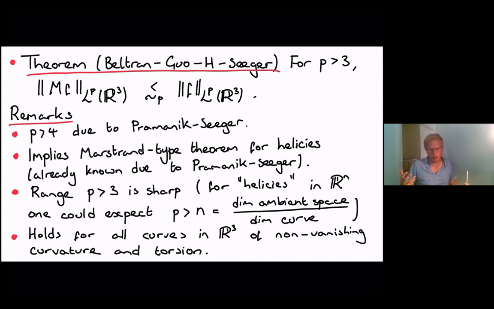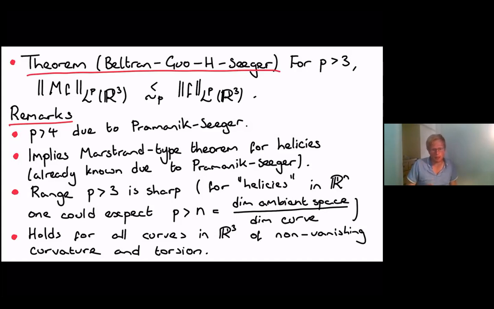If you try to draw helices around centers of points and compare measures of sets, you get the same result as in the Marstrand theorem. But this is already a consequence of the Pramanik and Seeger result, because you don't need any quantitative bound. You just need a finite value of p for that to hold. Importantly, the range of p bigger than 3 is sharp here.